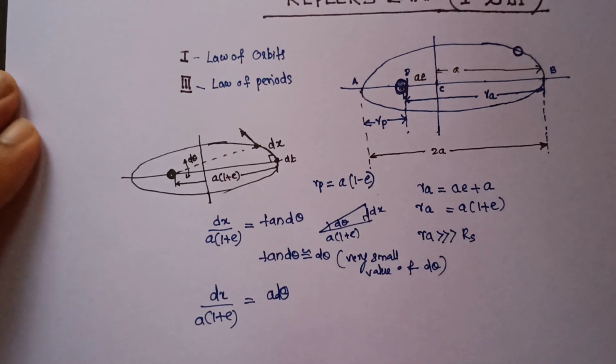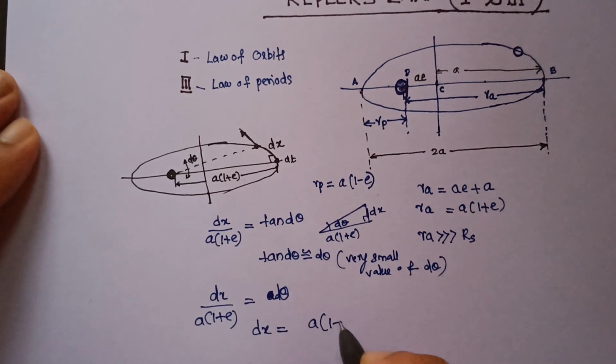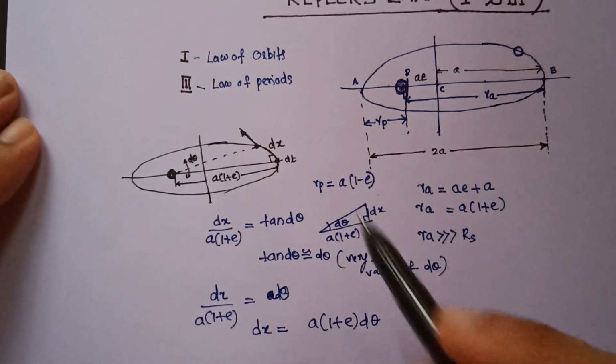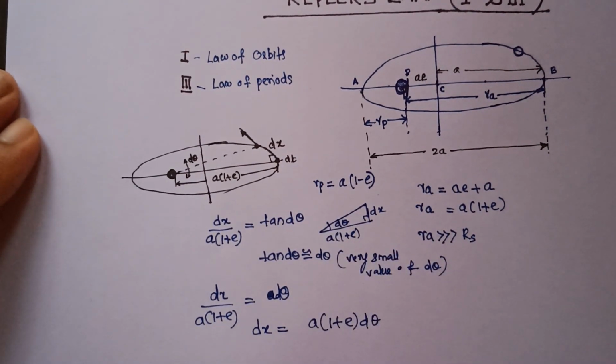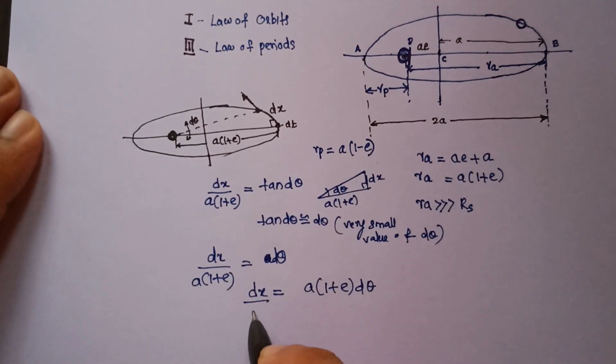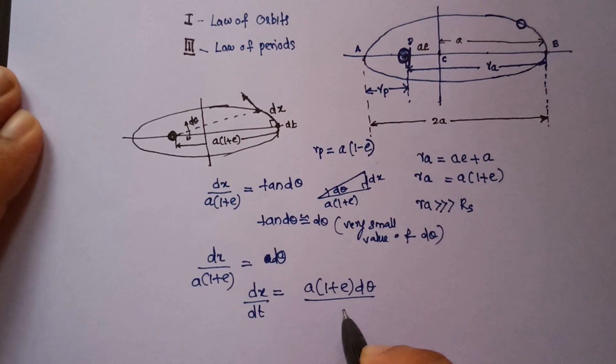Now dx can be written. The total position is a into 1 plus e times d theta. Now you differentiate with respect to time dt, because it is happening at very small values of dt. So I divide the LHS and the RHS by dt.